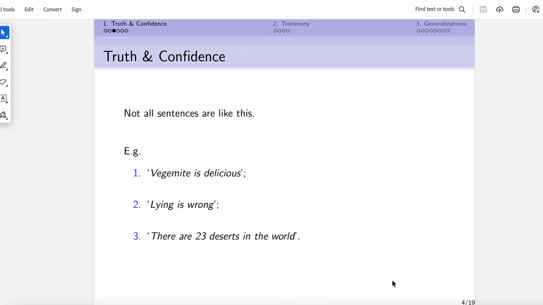Vegemite is delicious, you might argue, is something like the expression of a personal preference rather than an objective matter of fact. Some moral philosophers, and this is more controversial, have claimed that moral claims like lying is wrong are rather like sentences like Vegemite is delicious.